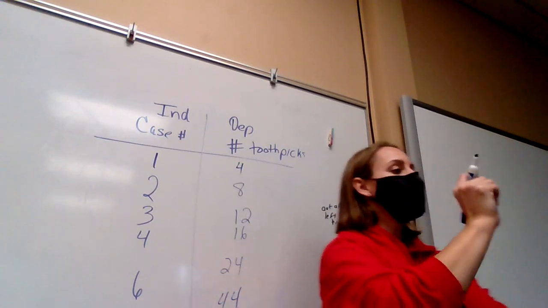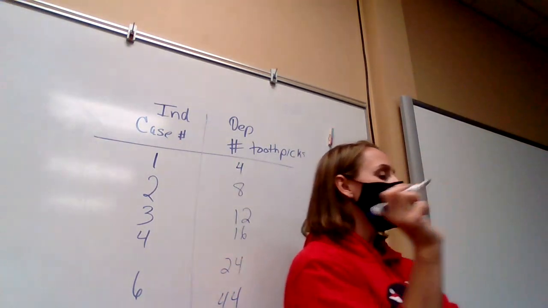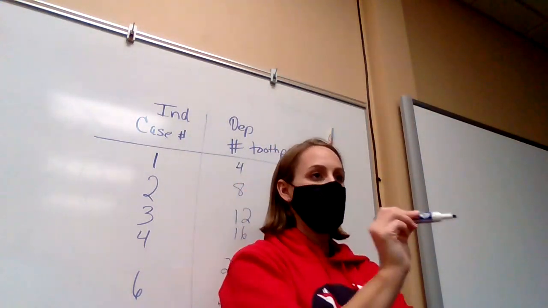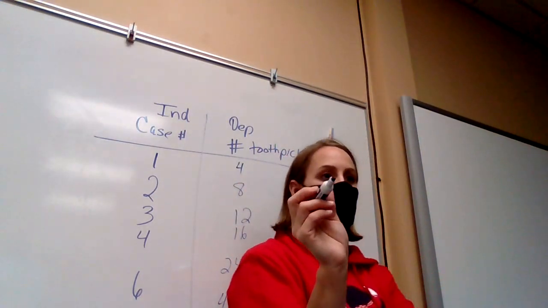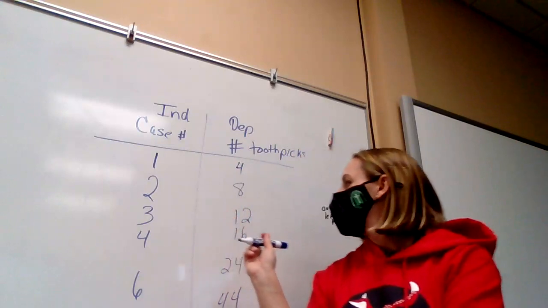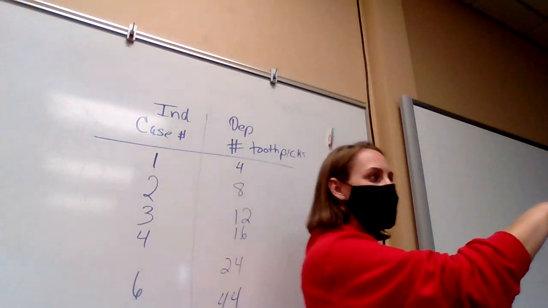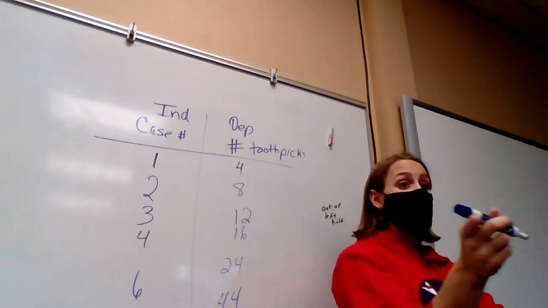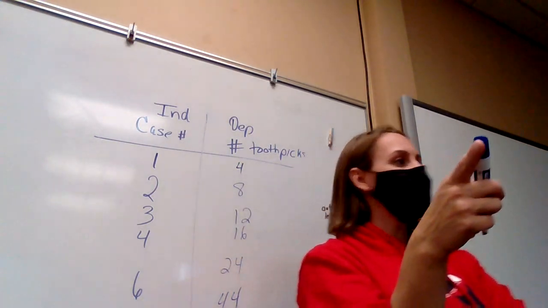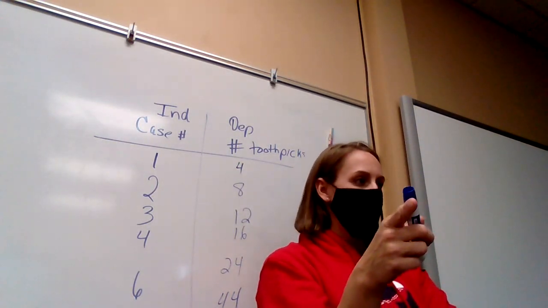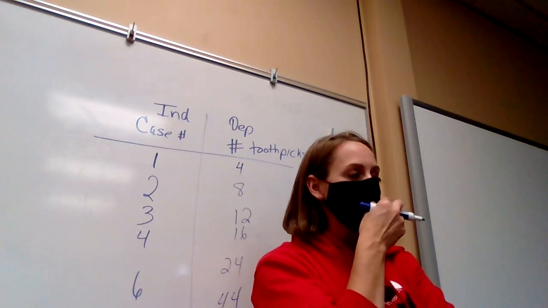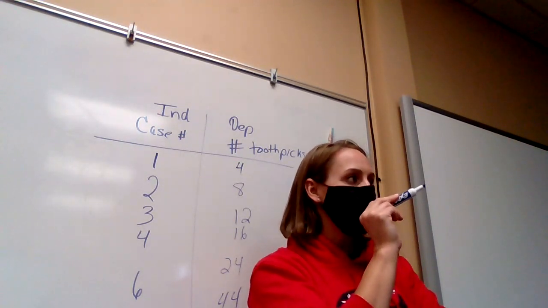What's another word that we might use in math to talk about what we're doing here? Another math word. Jameson said it earlier. Tommy, what's the math word for how you figure this out?